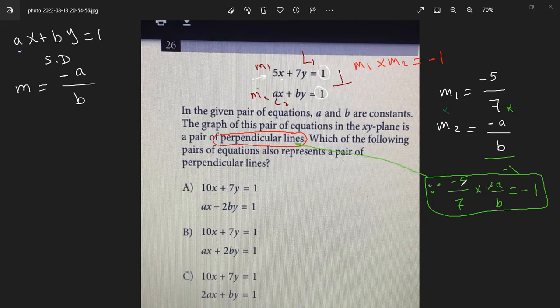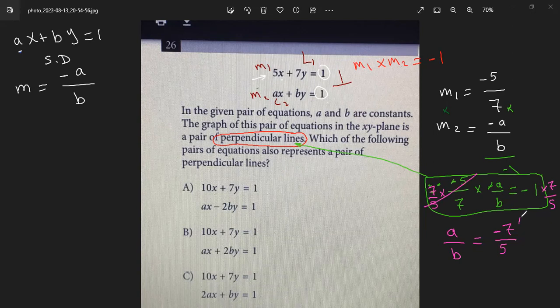Very easy: negative times negative is positive. So take the reciprocal, 7 over 5, on both sides. Therefore, A over B equals negative 7 over 5. I hope it's clear.